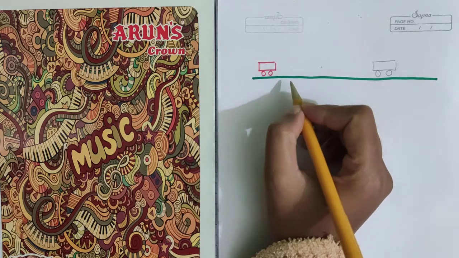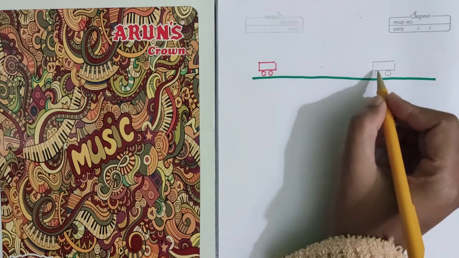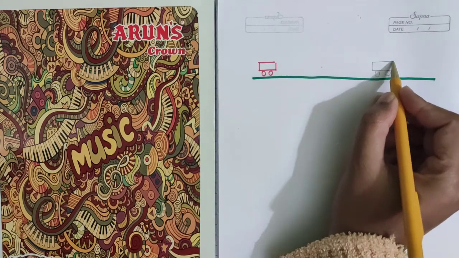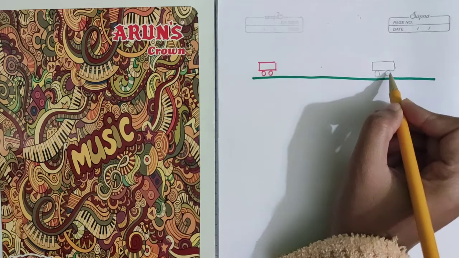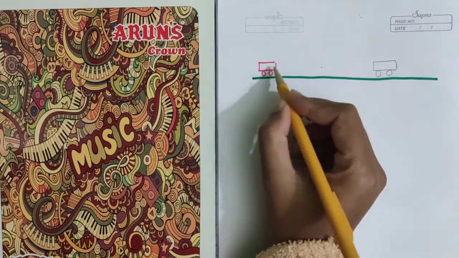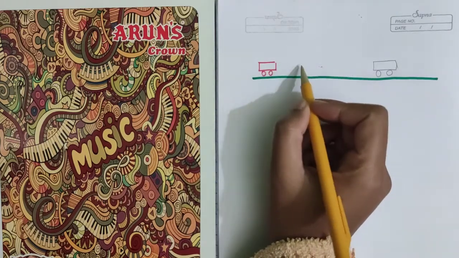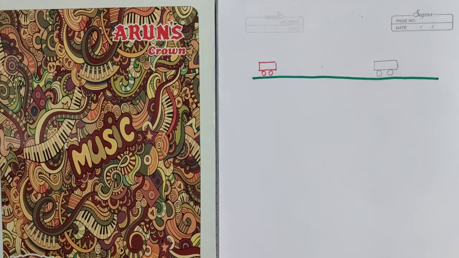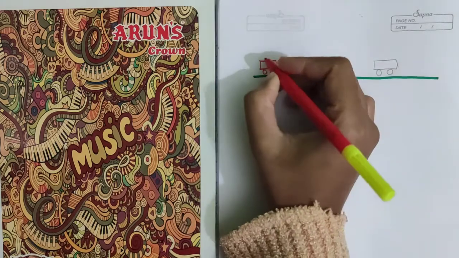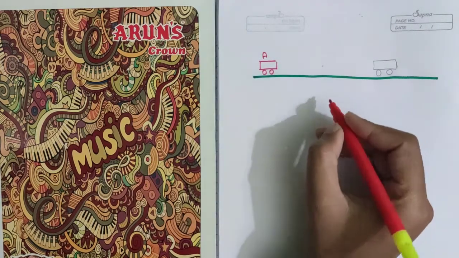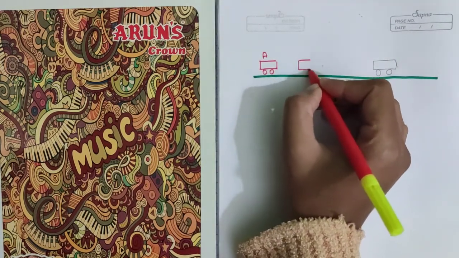So when he reacts to this situation, that is when he sees the approaching vehicle, he will take some time to react. By that time, this vehicle, say A, will move to some position.